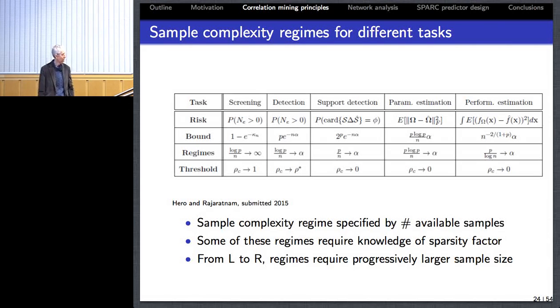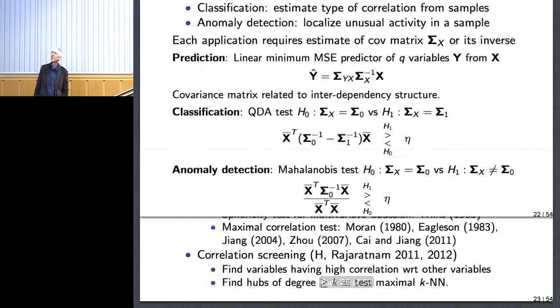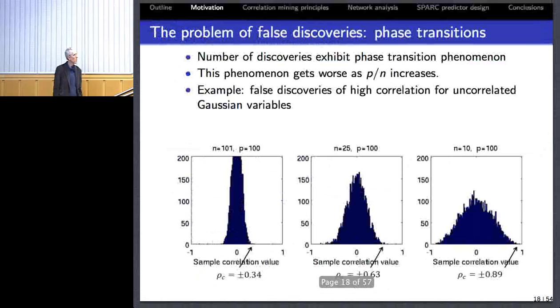Hi. For the phase transition threshold, what do you mean exactly? What's the meaning of the phase transition threshold, and how do you find it? The other question is, does it depend on the underlying distribution? Very good question.